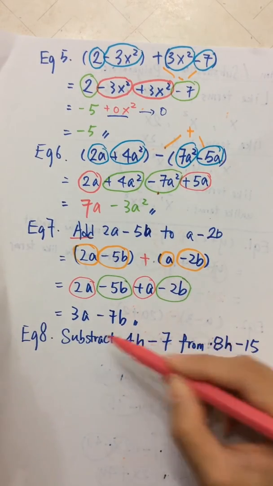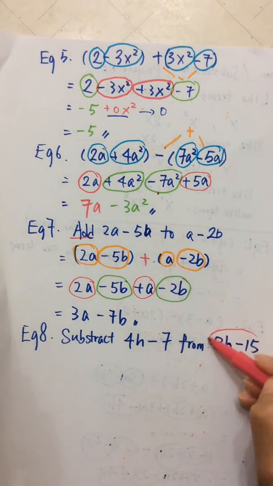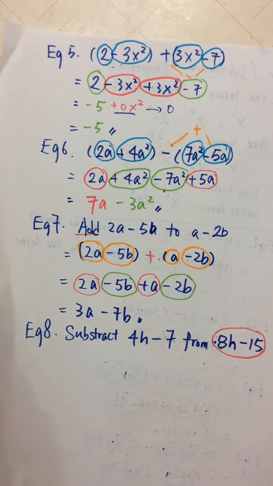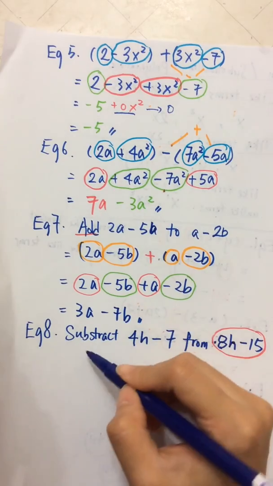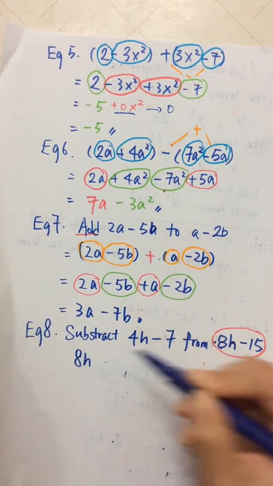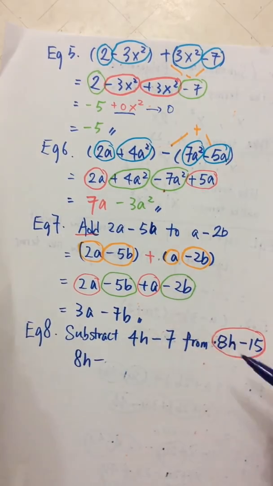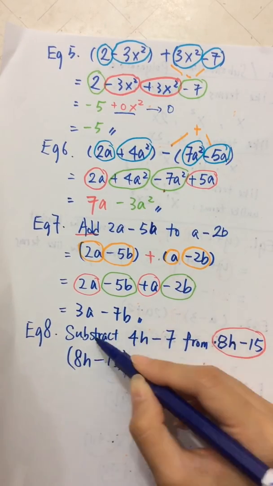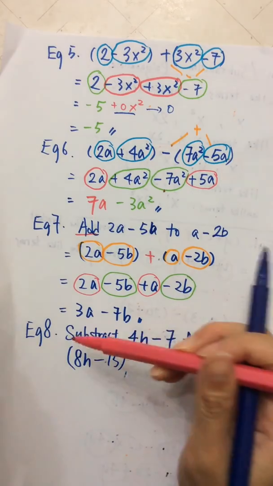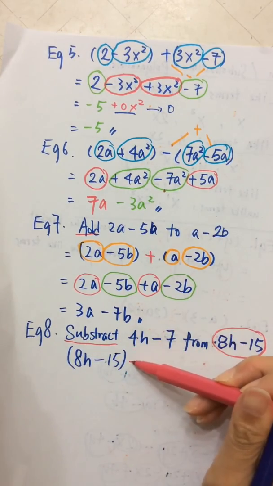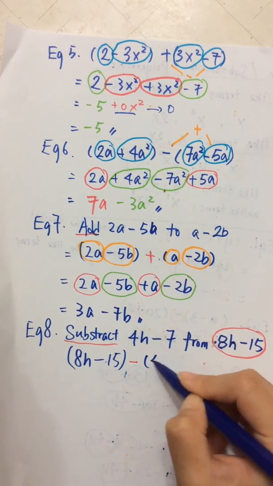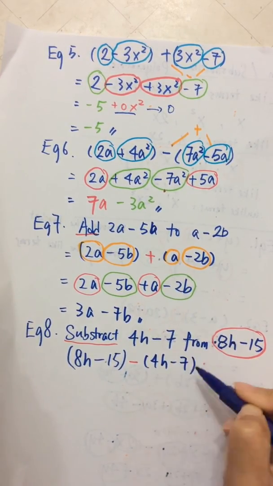Because this one is subtraction from, this one should be put down first. So for the mathematical expression, you need to write down 8h minus 15 with a bracket, and then this one is subtract, so you need to put a negative here, and then 4h minus 7.